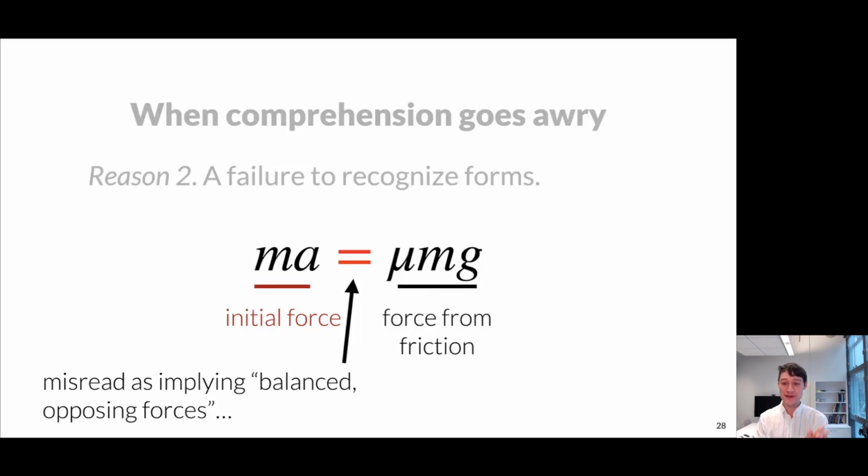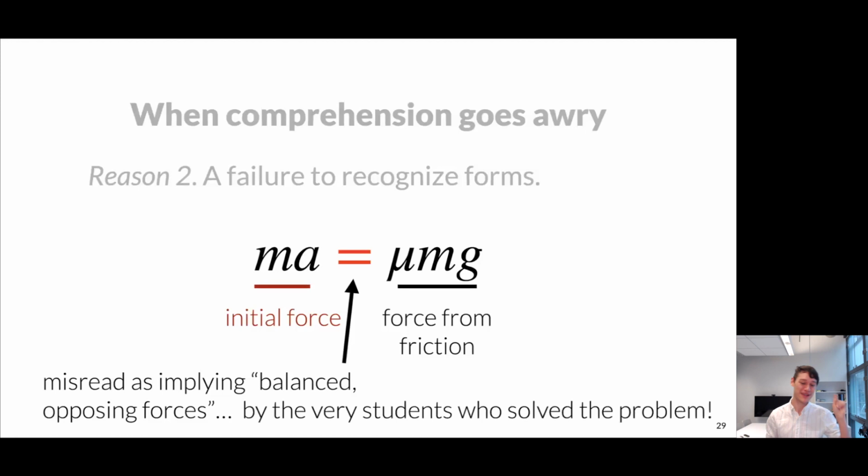Equals sometimes appears within physics equations to suggest a balance between multiple distinct forces, where you have something on the left-hand side, something on the right-hand side. They're both balanced opposing forces. And so this particular student thought that this meant that there was an initial force that was equal to the force from friction that eventually applied, while it was actually quite different. It was a statement of definition that all of the forces could be described with just the force from friction.